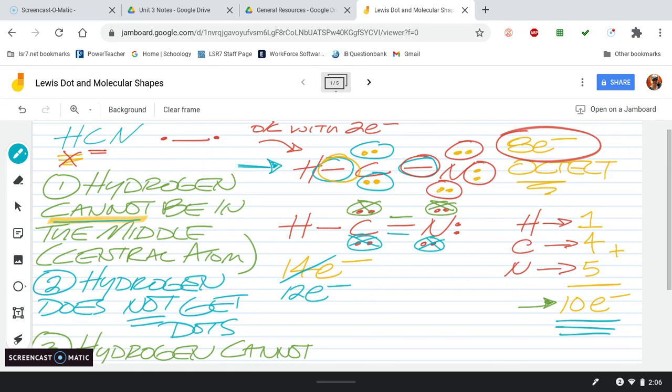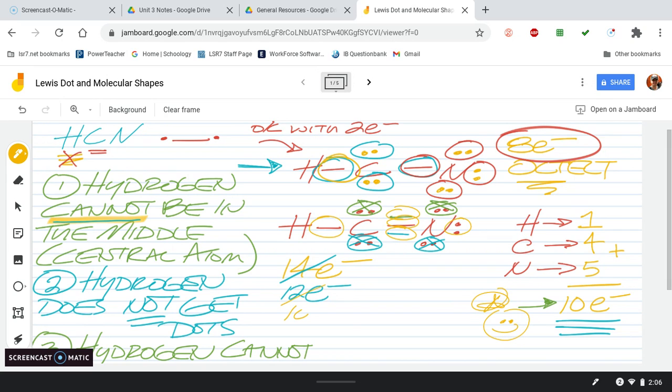So I take one from the left, I take one from the right. Now we recount. 2, 4, 6, 8, 10. Okay, boom, 10. 10 is what I wanted. And if I get 10, we're going to be nice and happy. So that means that this is the correct structure, right?